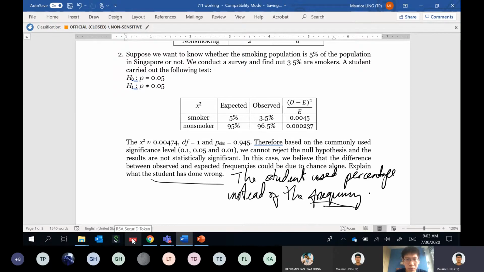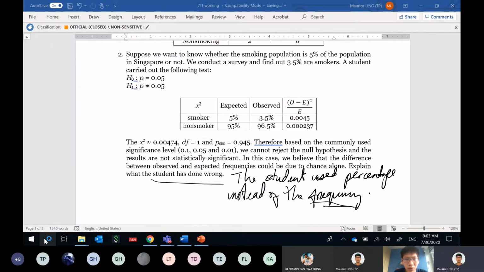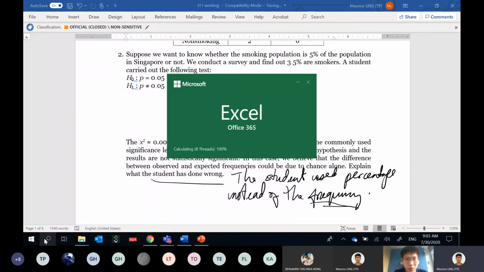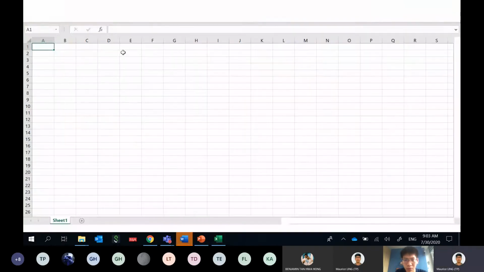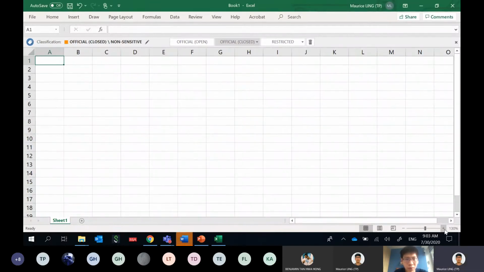Now let me get to my Excel. Let us do some chi-square in Excel and I'll show you why you can't do that. Suppose we have a hypothesis.